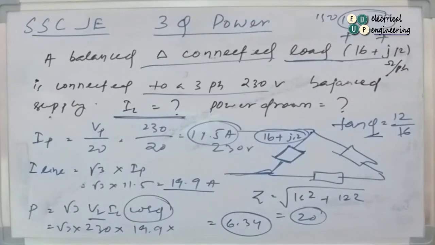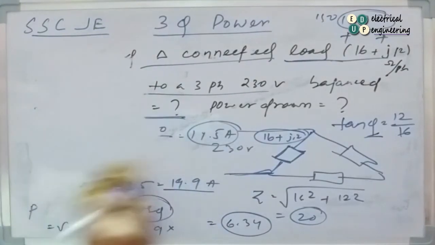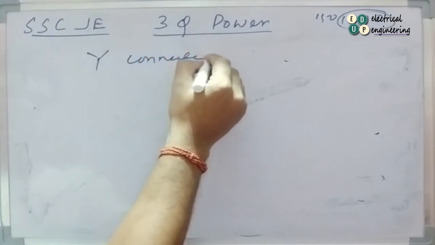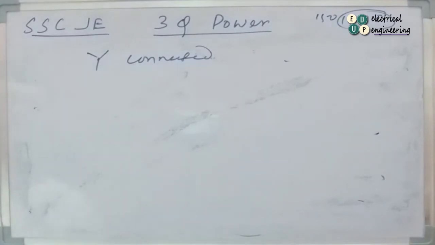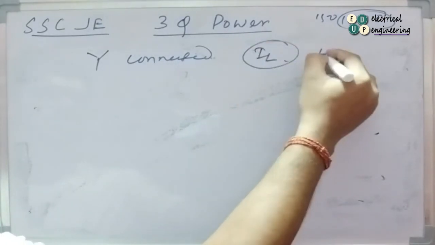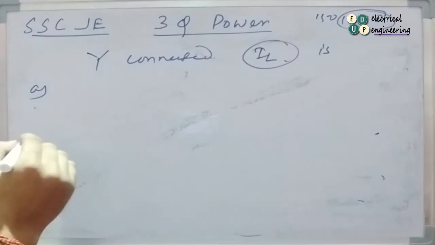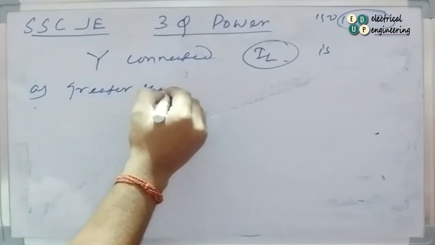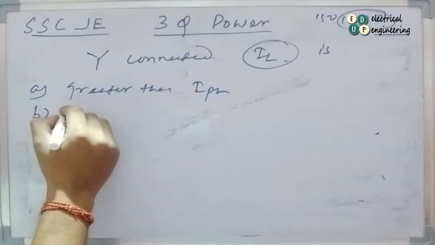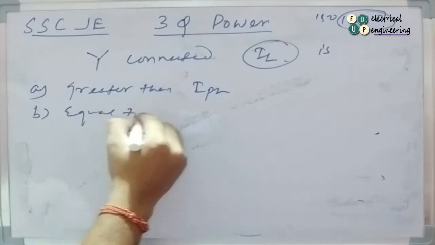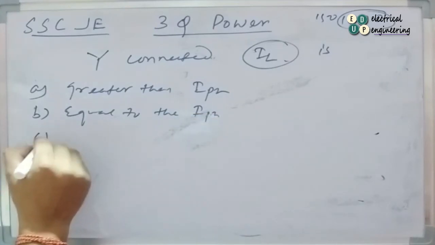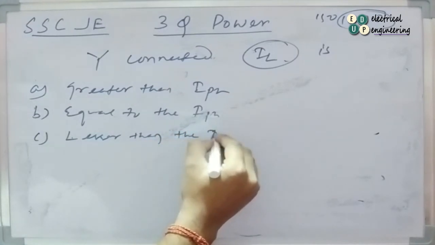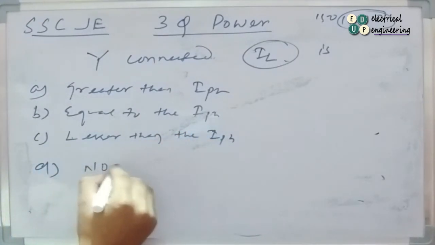Okay, now the last one, a very easy question. In a star connected system, the current flowing through the line, that means I line, is A: greater than the phase current, B: equal to the phase current, C: lesser than the phase current, and D: none of these.